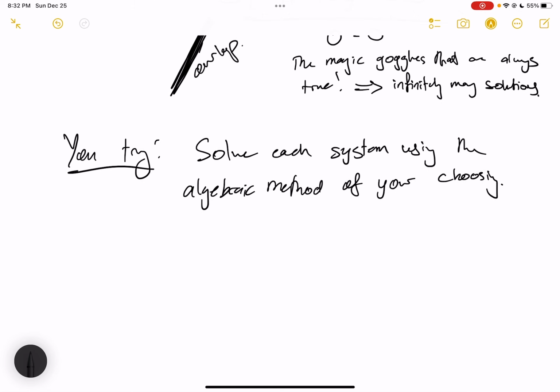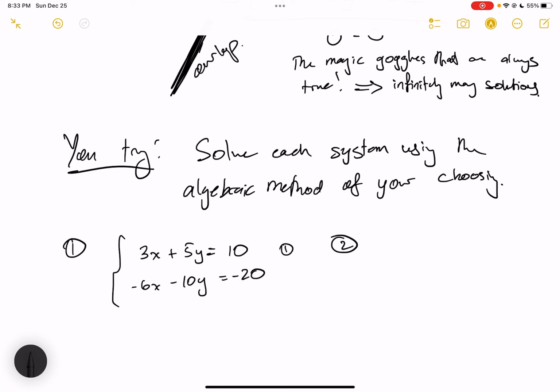So anyway, for this case right here, I'm going to give you 2 systems, 1 and 2. The first system is going to look as such. 3x plus 5y equals 10, and negative 6x minus 10y equals negative 20, equations 1 and 2. I'm not going to use ones and stuff with circles.